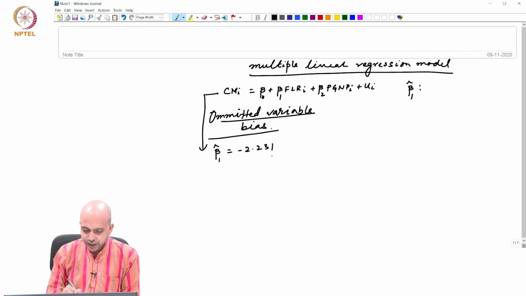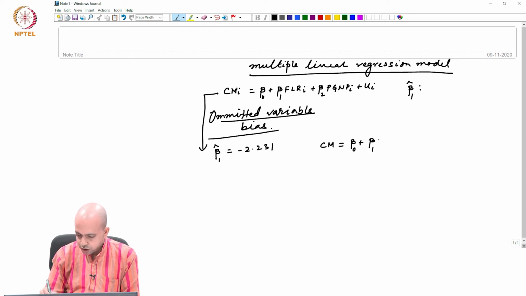Right. Now, the next model we are going to estimate is CM equals beta 0 plus beta 1 FLR plus, let us say, u1.